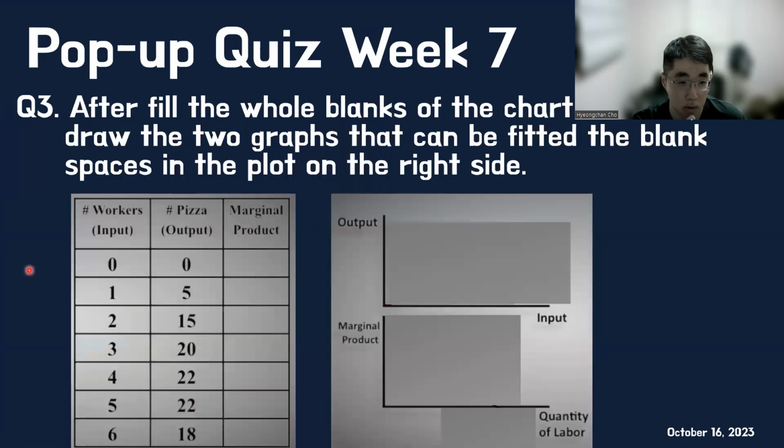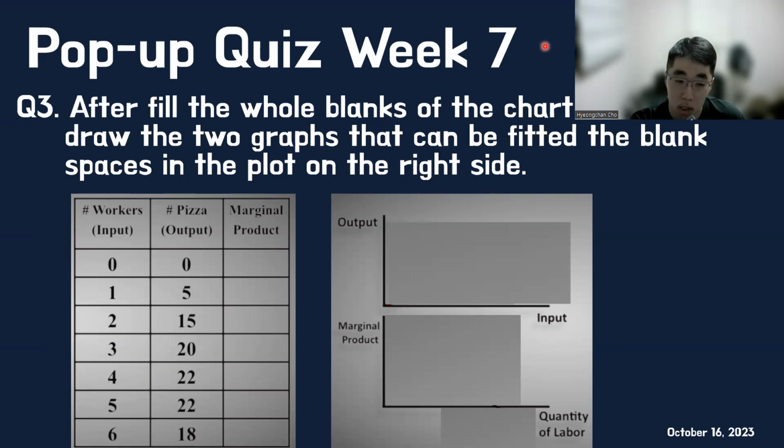After filling the whole blanks of the chart from question number 2, draw the 2 graphs that can fit the blank spaces in the plot on the right side.